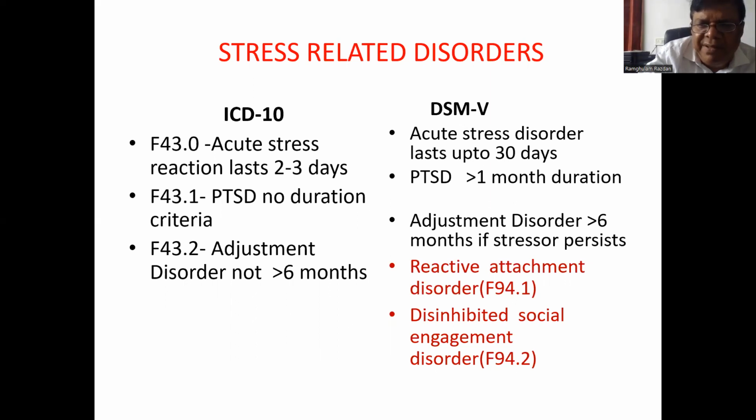Adjustment disorder lasts 6 months, and if stress persists beyond 6 months, there is more chance of a disorder in the person. Other disorders are adjustment disorder, reactive attachment disorder, and disinhibited social engagement disorder.